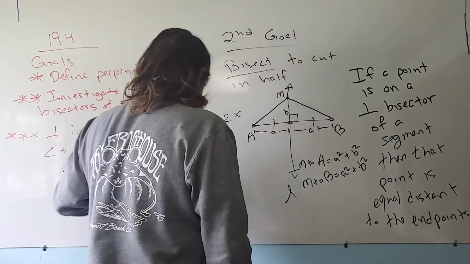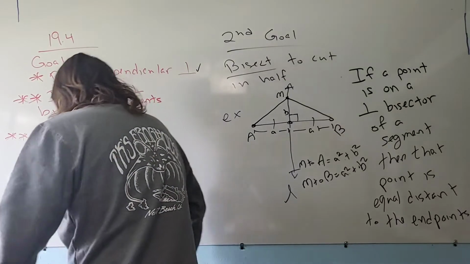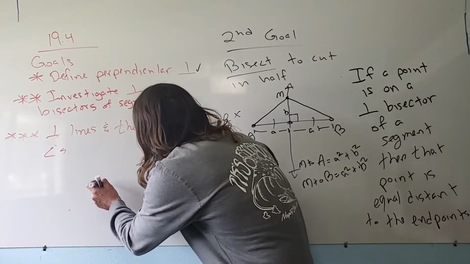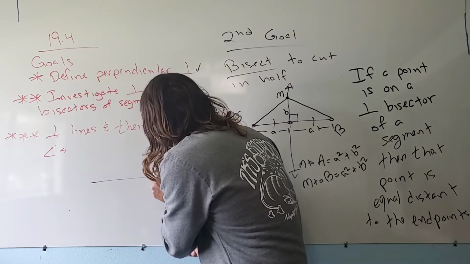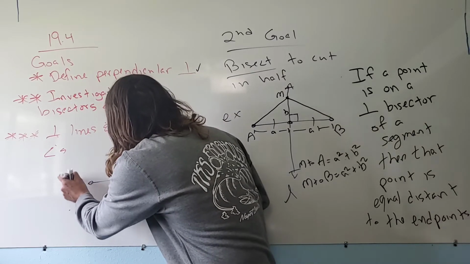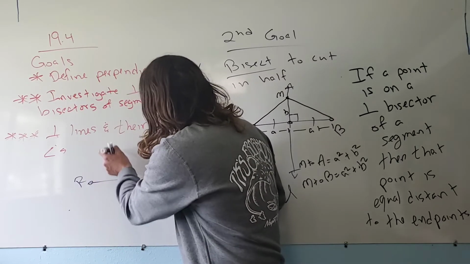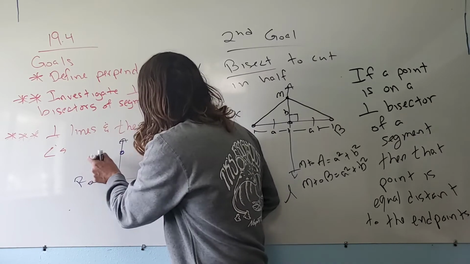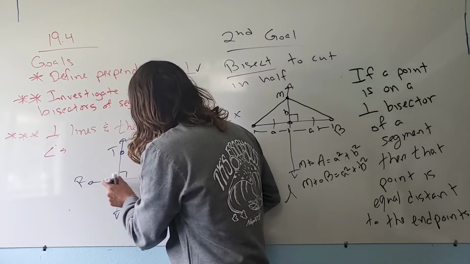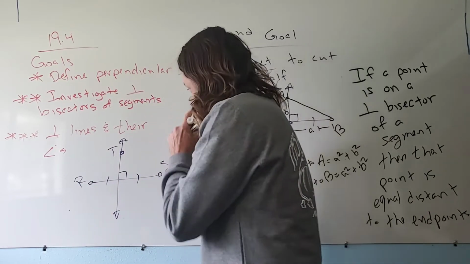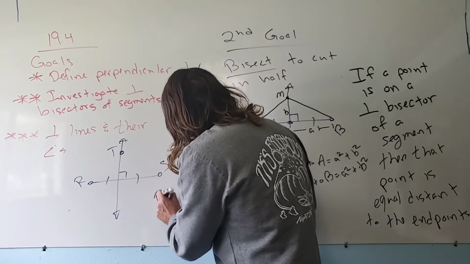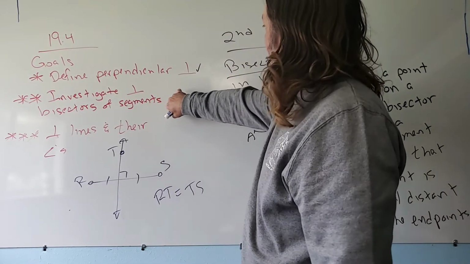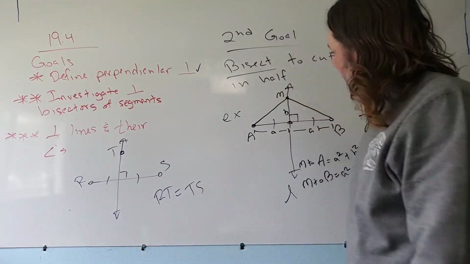But again, if I have a segment, and my endpoints are R and S, and I have a perpendicular bisector, and on this perpendicular bisector I have the point T, where I know that this line is cutting this segment into equal parts, I know that the length from R to T is going to be equal to the length of T to S, and that's one of the properties of a perpendicular bisector of a segment.